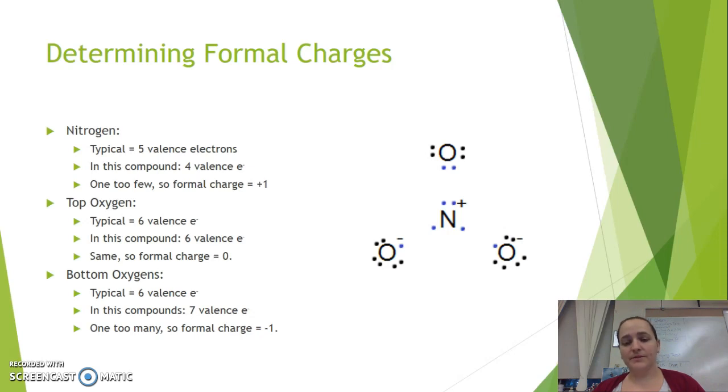They had 3 lone pairs for 6 electrons, plus they each got 1 from the single bond for a total of 7. They have 1 extra electron, so that is a negative charge, which is why we see the little minuses indicated on both of those atoms. So in the nitrate ion, we have a positive 1 formal charge on nitrogen, and negative 1 formal charges on 2 out of our 3 oxygens.